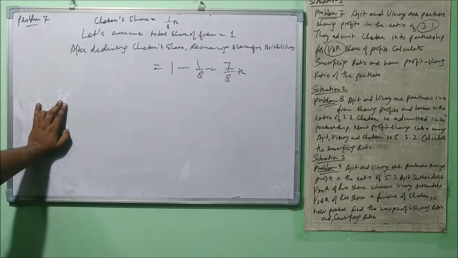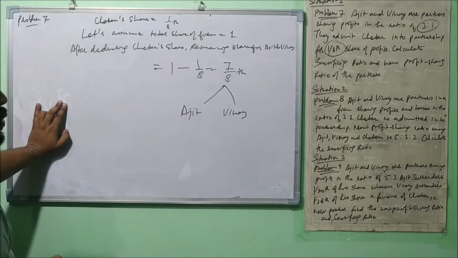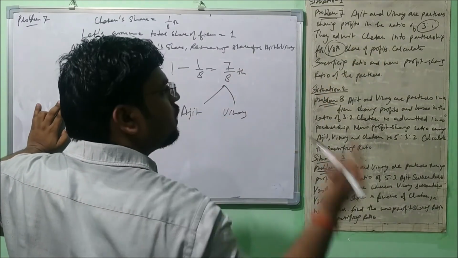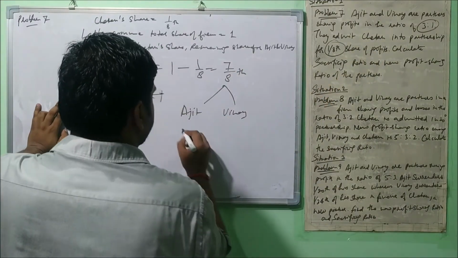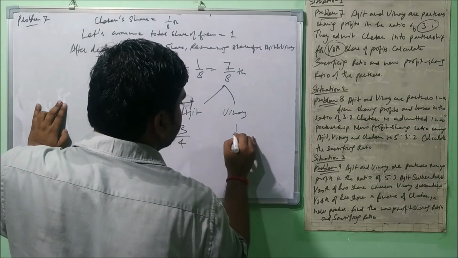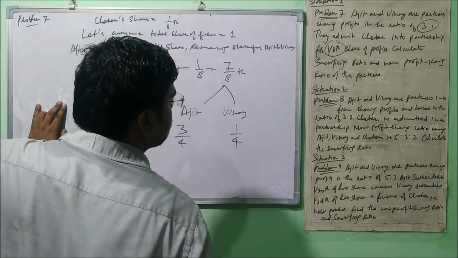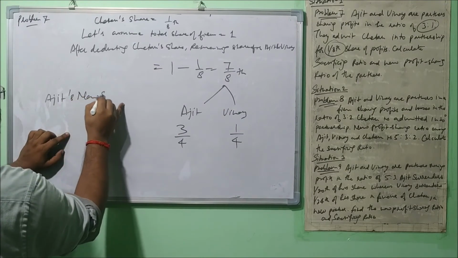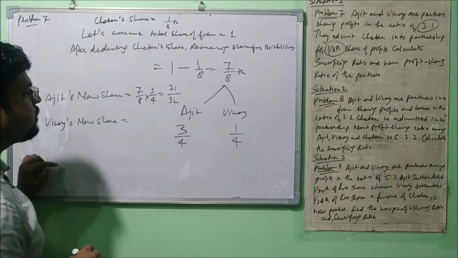Now how much is Ajit going to get, and how much is Vinay going to get out of that? Ajit is going to get on the basis of the old ratio. In the absence of information, we take the same thing. So that is 3/4 and he will be getting 1/4. So Ajit's new share we are calculating right now. Similarly, we are calculating Vinay's new share.